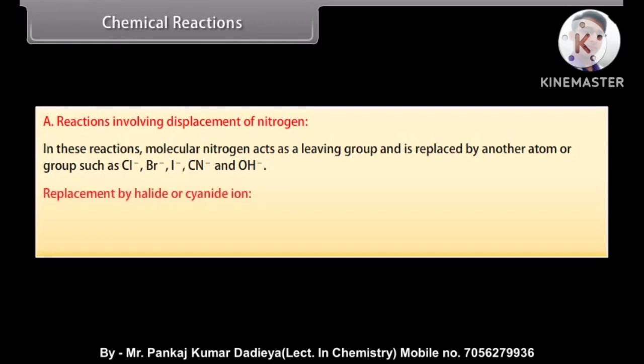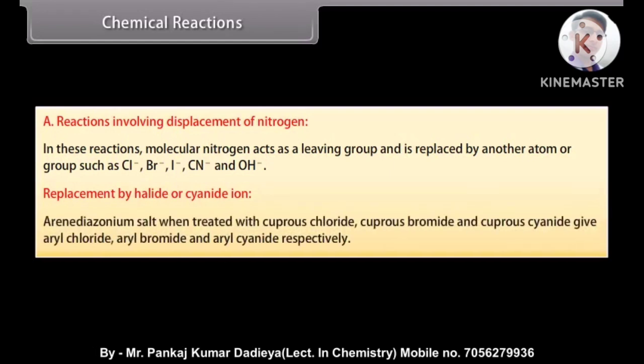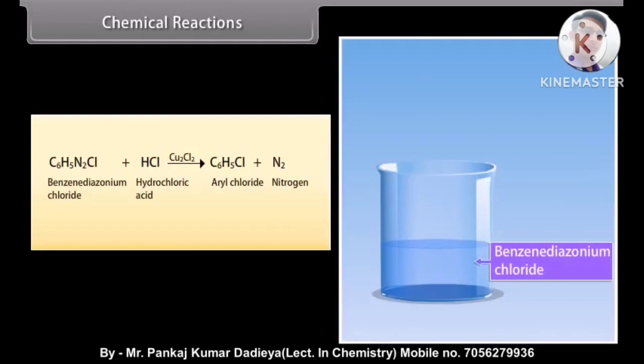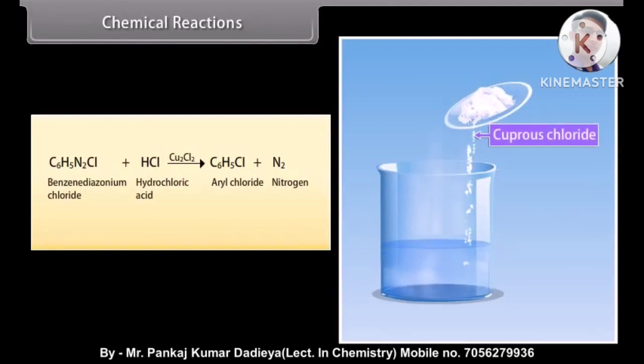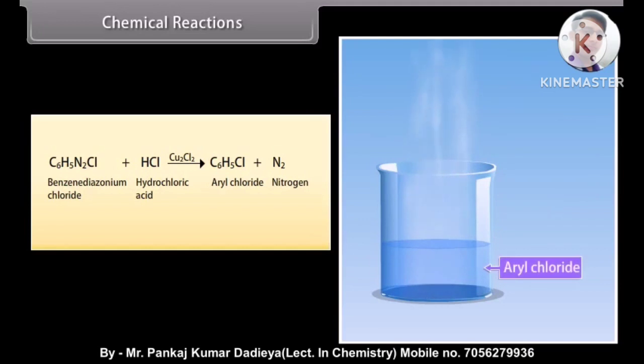Replacement by halide or cyanide ion. Arene diazonium salt, when treated with cuprous chloride, cuprous bromide and cuprous cyanide, gives aryl chloride, aryl bromide and aryl cyanide respectively. Benzene diazonium chloride reacts with hydrochloric acid and cuprous chloride to yield aryl chloride and evolves nitrogen gas.